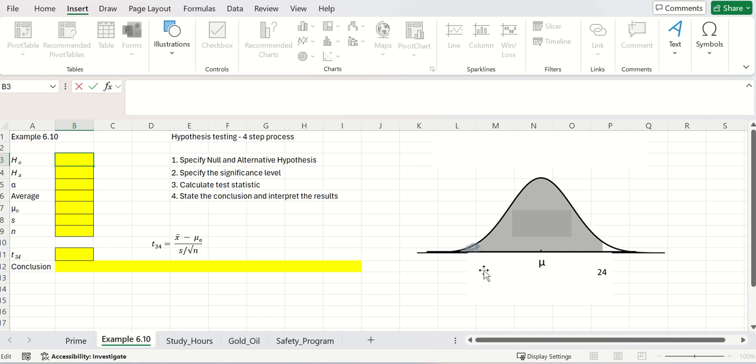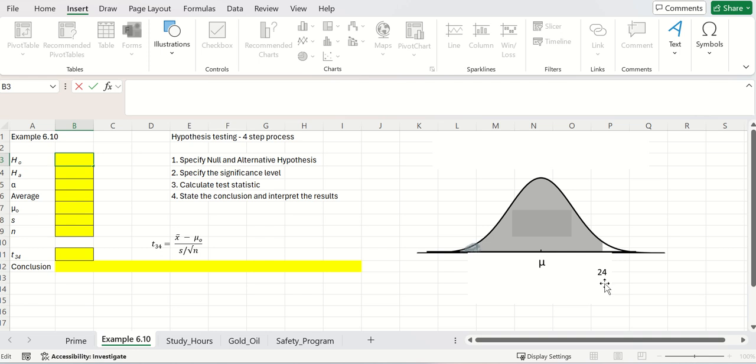In this particular example, we're using example 6.10 out of the Jaggia et al. Business Analytics textbook. The data presented is that there's a dean at a large university in California who has read that students are not studying as much as they used to. In 1961 the national average was 24 hours per week.